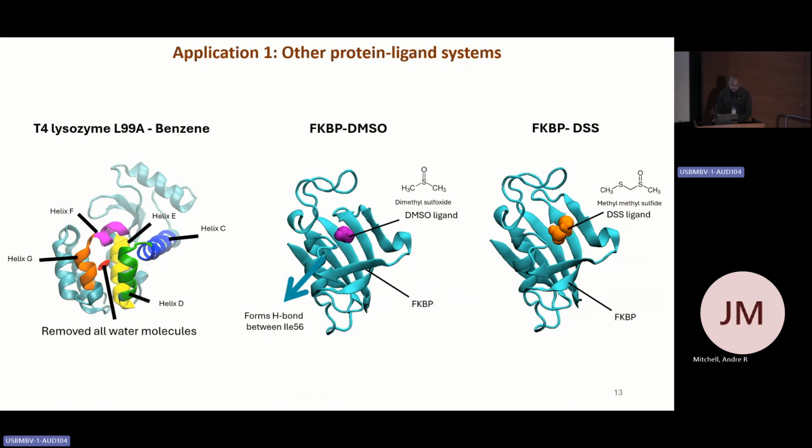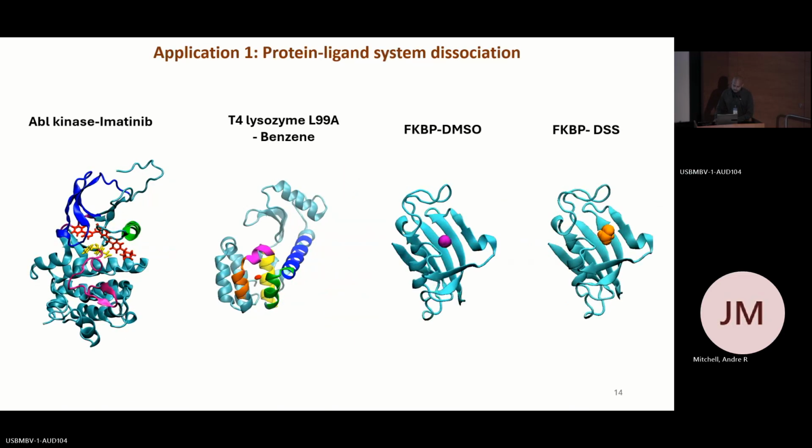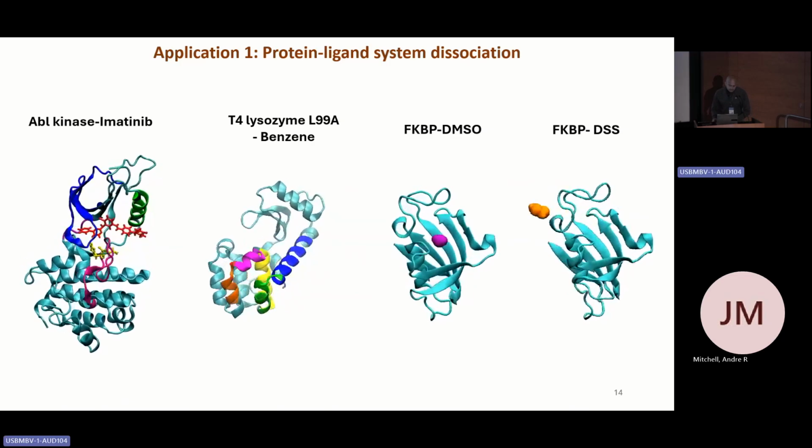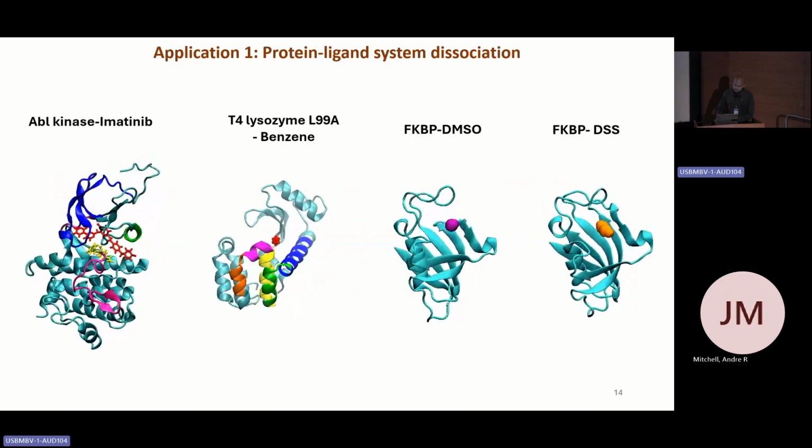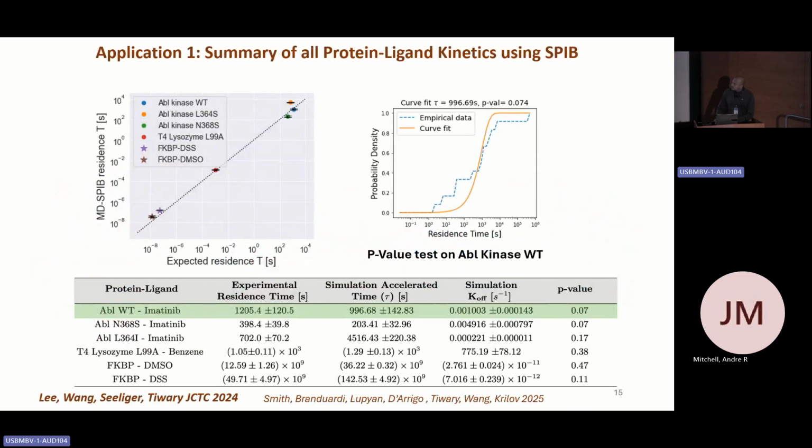Some of the other systems that we looked at involved T4 lysozyme and benzene, FKBP protein, and dissociation of some fragments. This is a summary of some of the representative dissociation trajectories, and this is the summary result where we can compare our obtained result with what has been known from experimental or computational studies, and we can see that the method does pretty well.